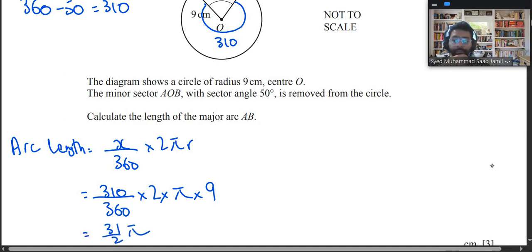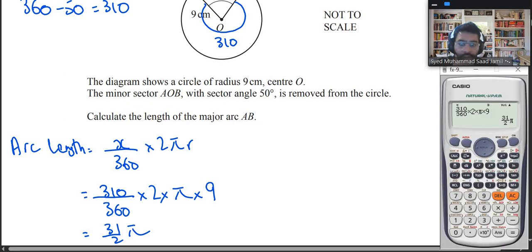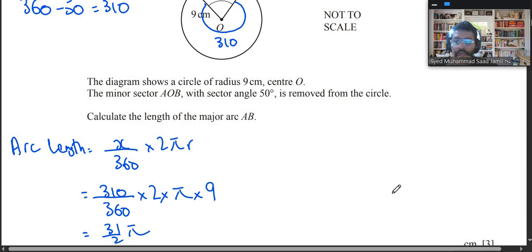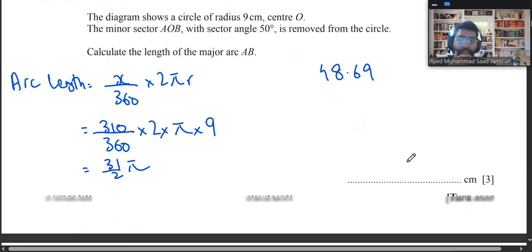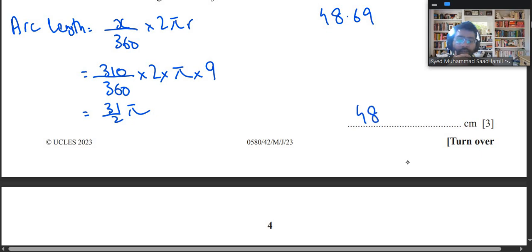Let me check it again, which is equivalent to 48.69. You will write it down as 48.7, and that's your answer.